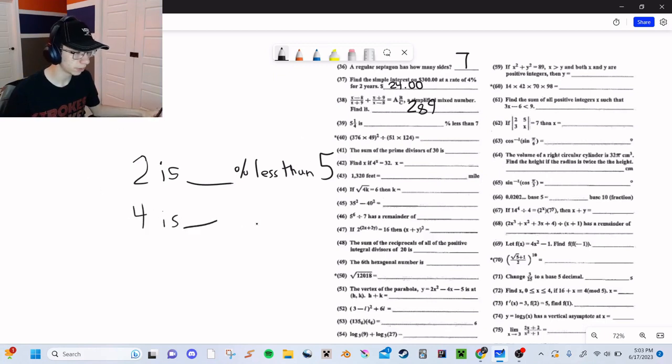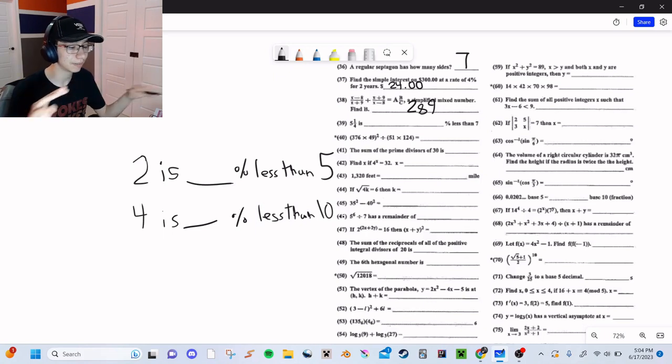I said 4 is blank percent less than 10. I would get the same answer. I would get the same answer if I multiplied both numbers by the same factor, or divide them by the same factor. And we're going to use this concept to help us right now.